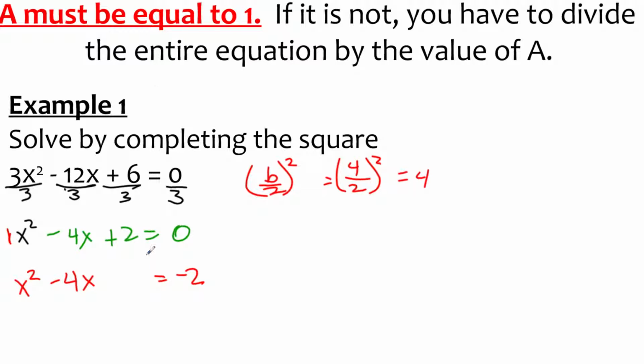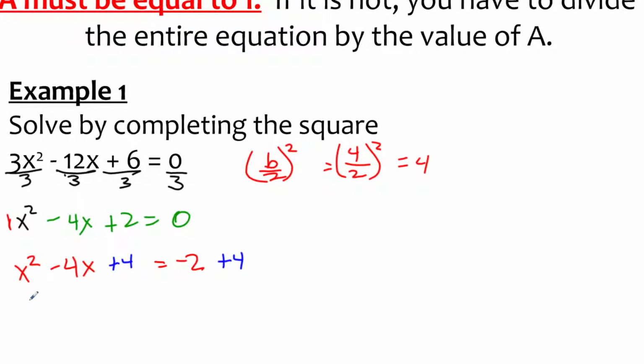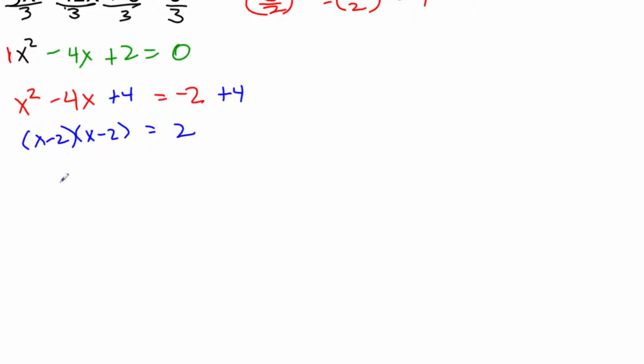So I would like to add a plus 4 to both sides. Now I can turn this into x minus 2 times x minus 2 equals positive 2, which is really the same as x minus 2 squared equals 2.